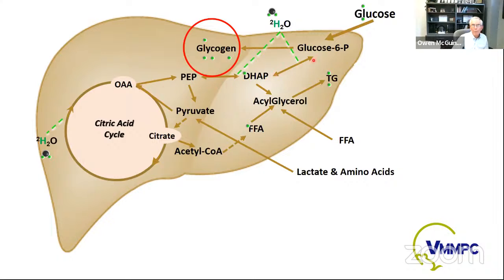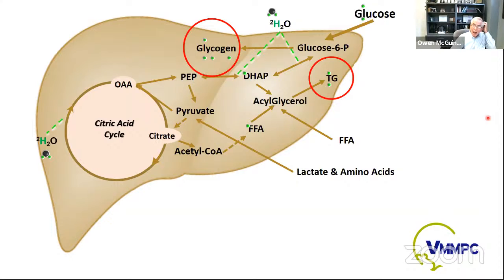This carbon will be diverted into glycogen. We call that indirect glycogen synthesis. And so when you look at glycogen synthesis in the fed state, it is comprised of both direct glycogen synthesis and indirect glycogen synthesis from carbon precursors.